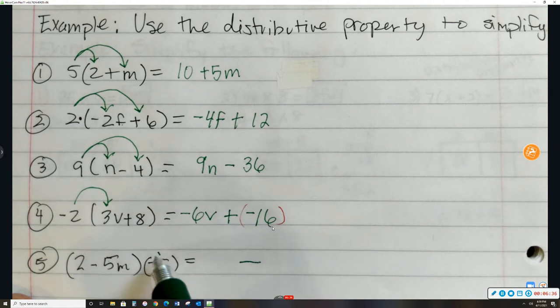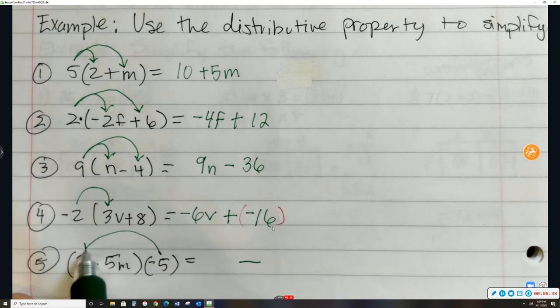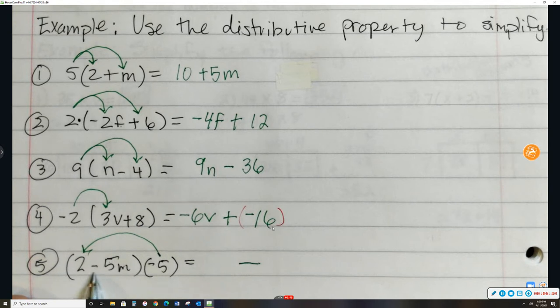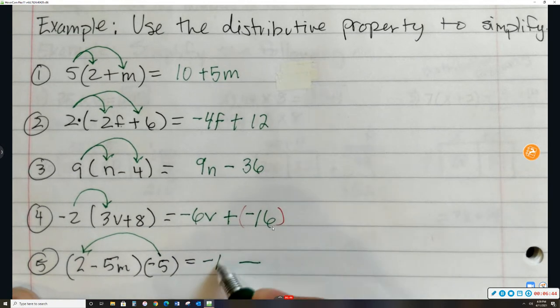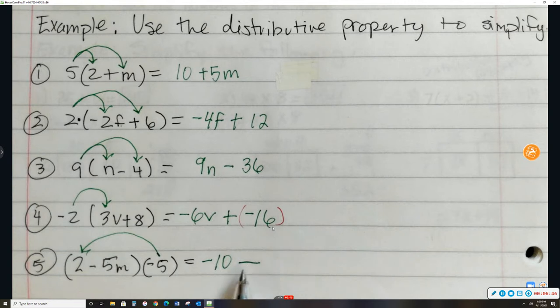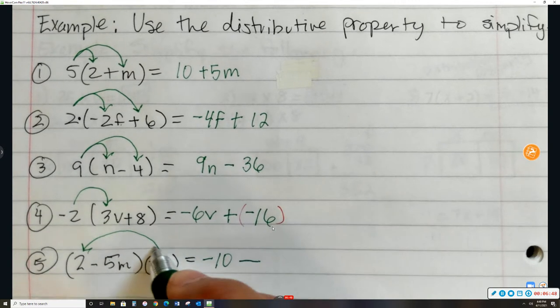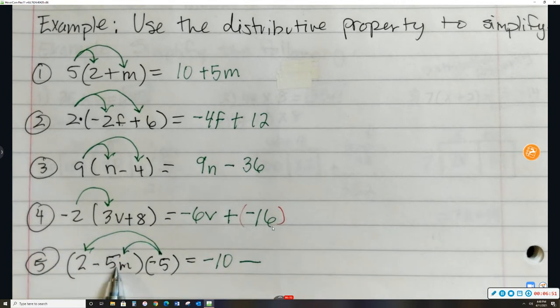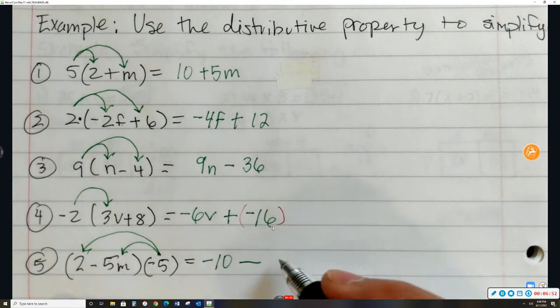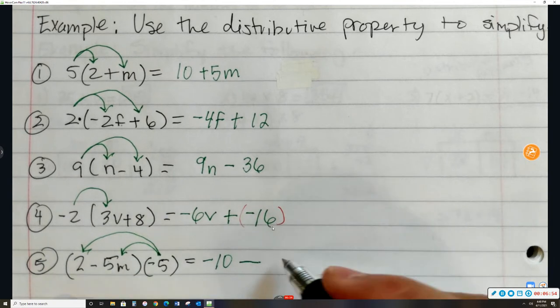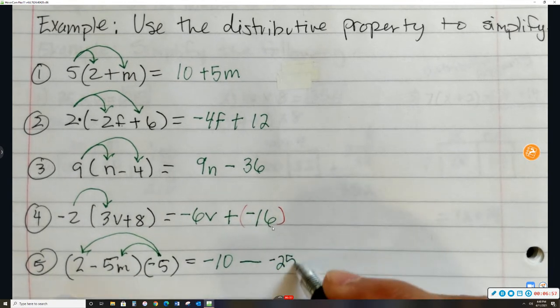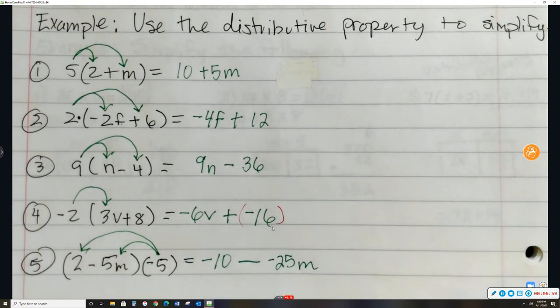If I multiply negative 5 times the 2, that's on the left side of the minus, so negative 5 times 2 is negative 10, and it goes on the left side. Then negative 5 times 5 is on the right side of the minus, so that's negative 25, and then don't forget the letter, that's m.